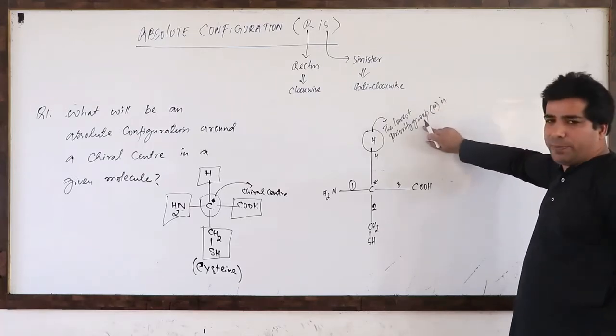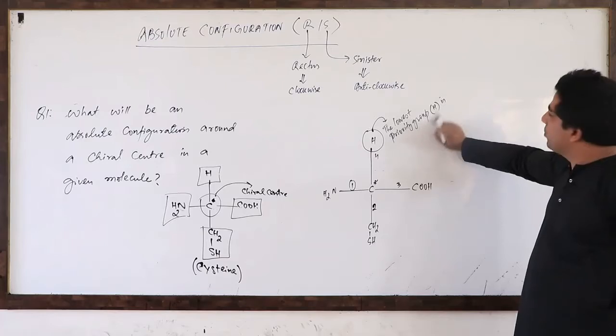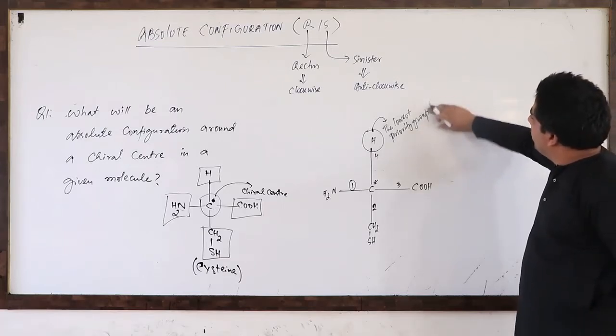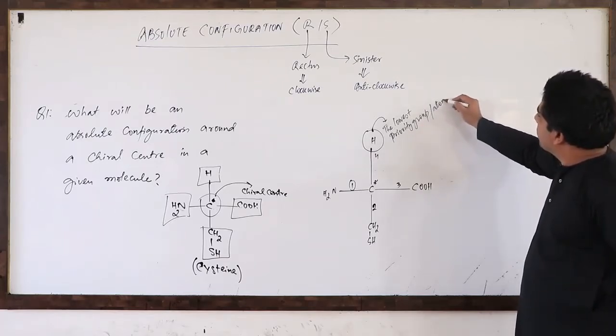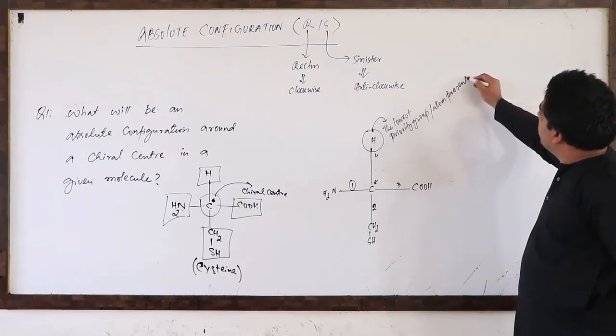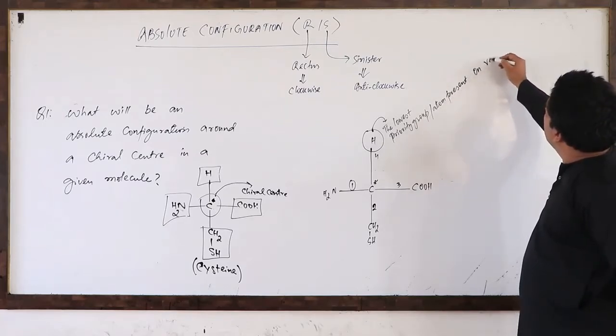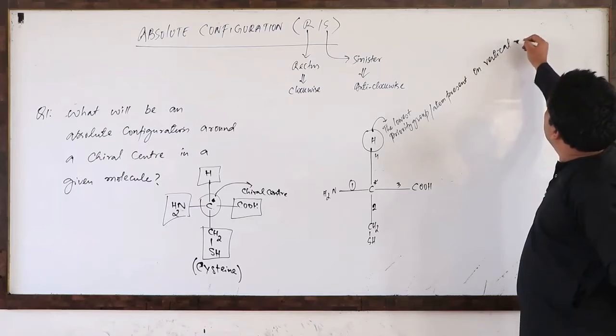So I will write down: the lowest priority group, which is hydrogen, is present on the vertical line. You can also say atom in place of group. Lowest priority group, or you can say atom, present on the vertical line.